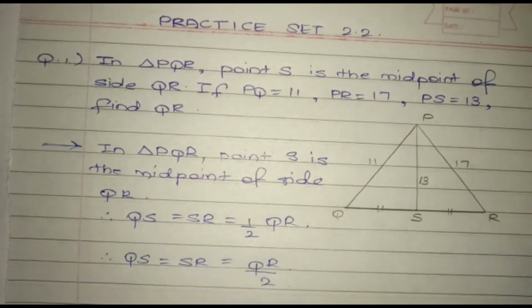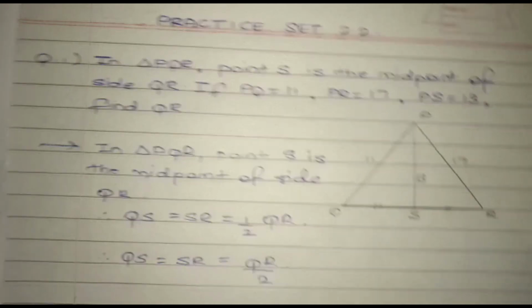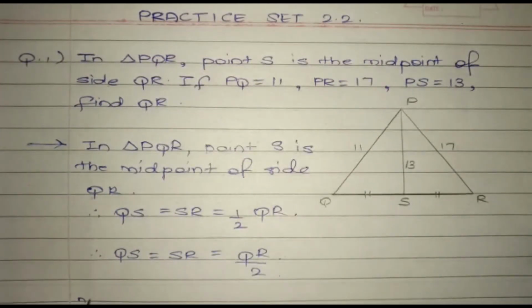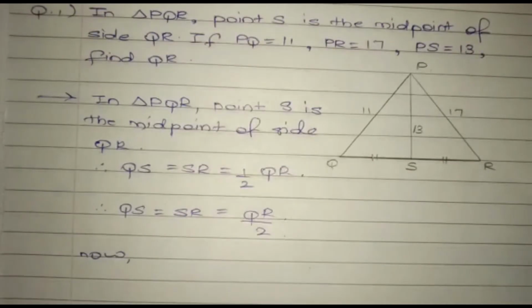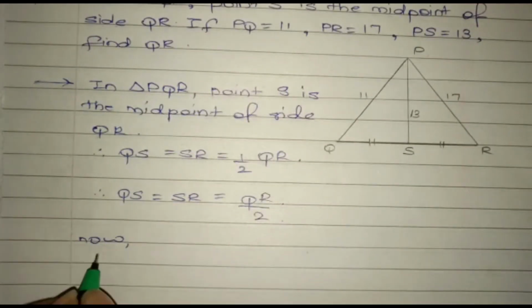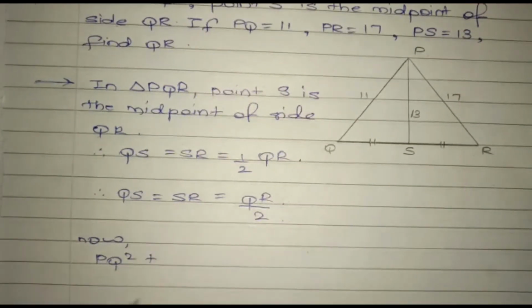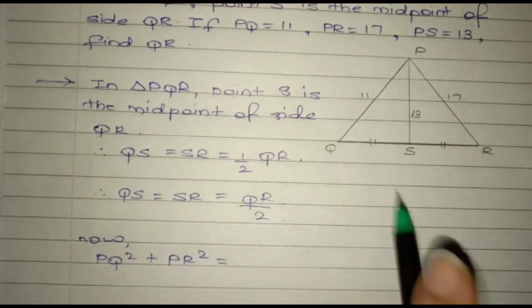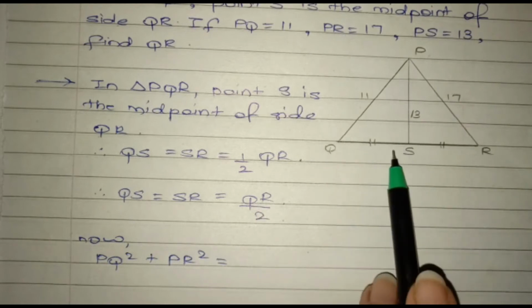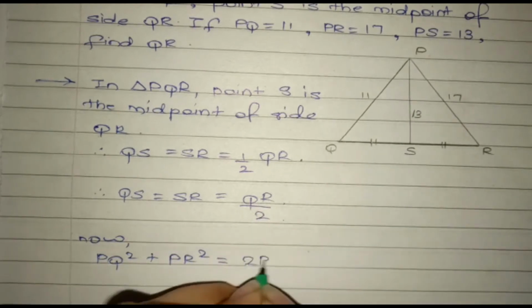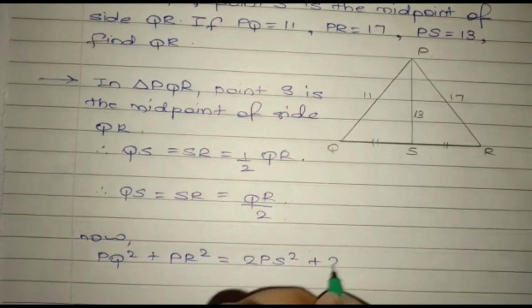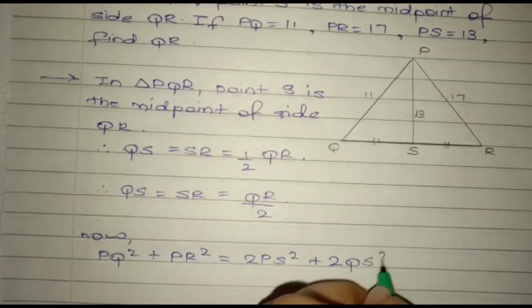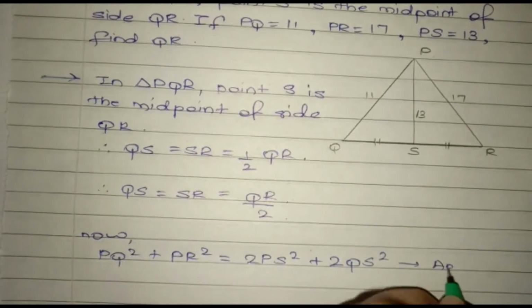Now let us apply Apollonius theorem. PQ square plus PR square is equal to 2PS square plus 2QS square.